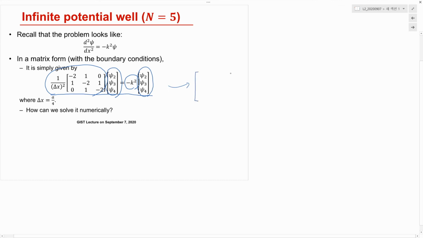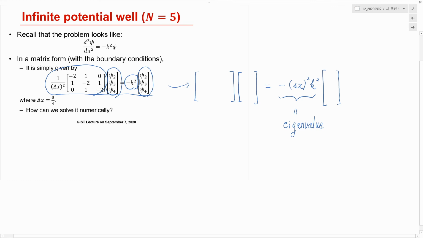We have just a matrix and psi, and we bring 1 over delta x squared to the right hand side, and then delta x squared k squared, and we will have once again the psi vector. So this quantity can be interpreted as the eigenvalue of our system.